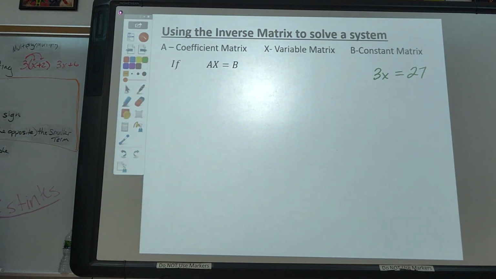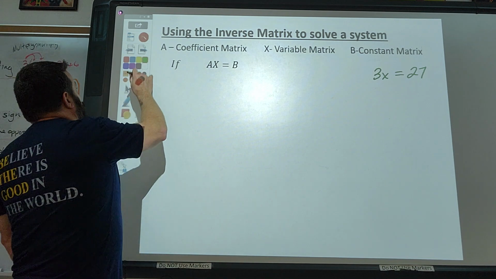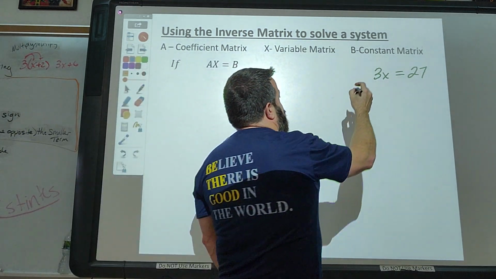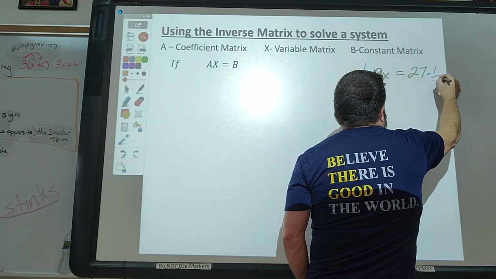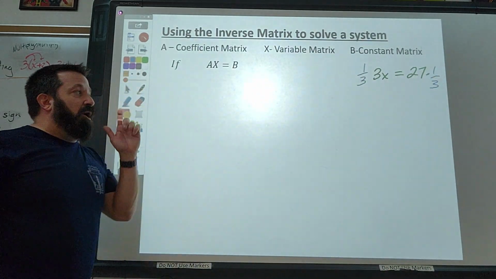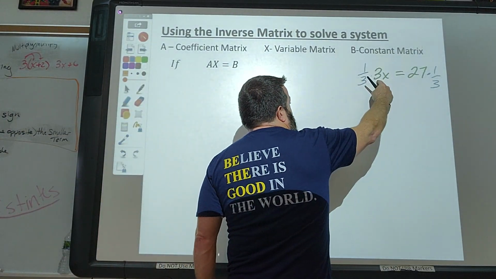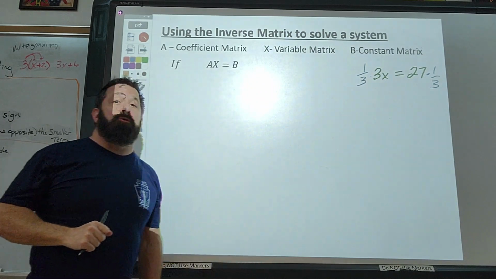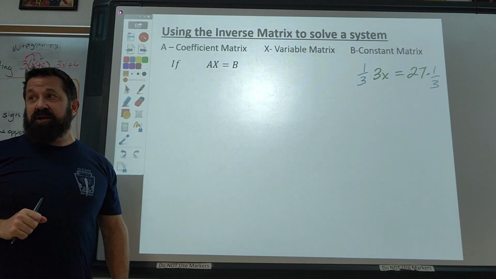To solve that equation, you'd probably tell me that you would divide by 3 on both sides, right? Well, technically, dividing by 3 is the same thing as multiplying by 1/3.